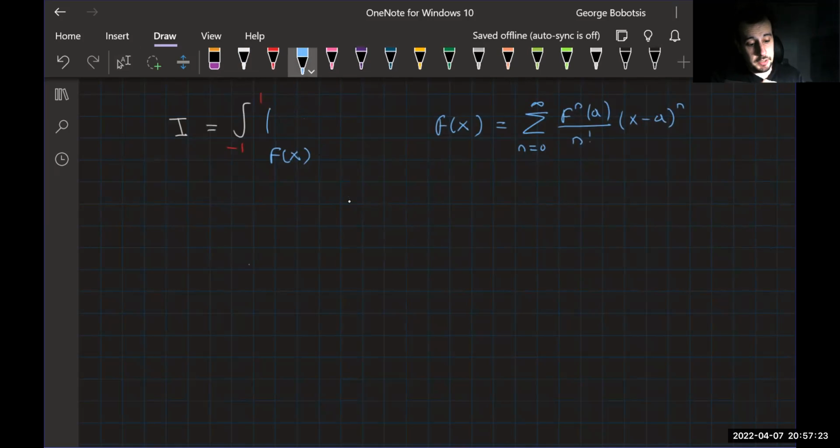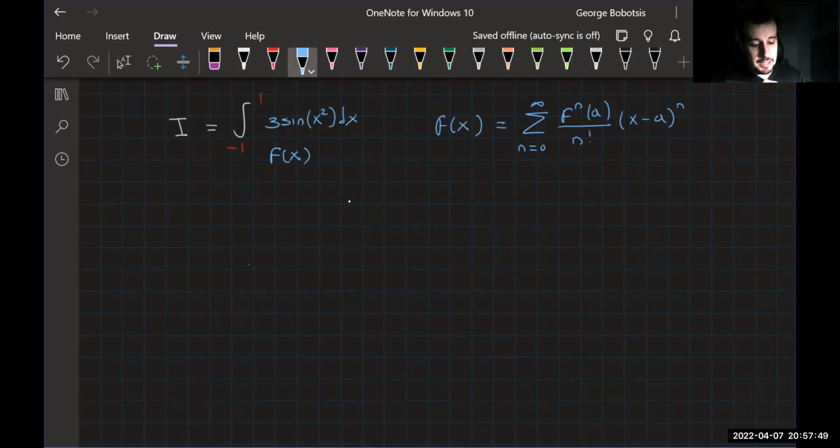What if we did some kind of radical here, maybe like 1 plus sine of x? Or actually, let's make it a little harder: 3 sine of x squared.